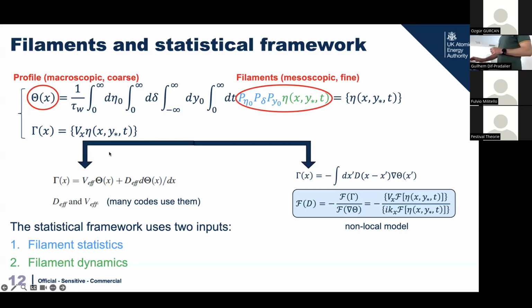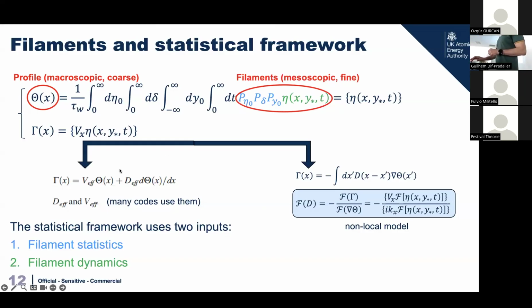Okay, in any case, the idea is that I can construct fundamentally an integral operator represented by these brackets that takes the information on the filaments and translates it into profiles. Interestingly, I can do the same thing also to get the fluxes. So this framework allows you also to calculate the particle fluxes or the thermodynamic fluxes.